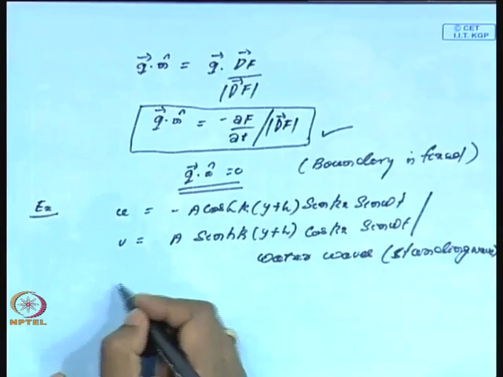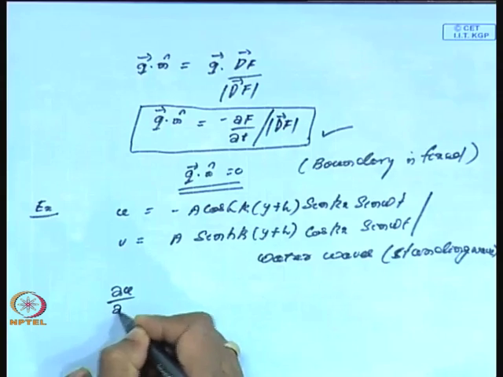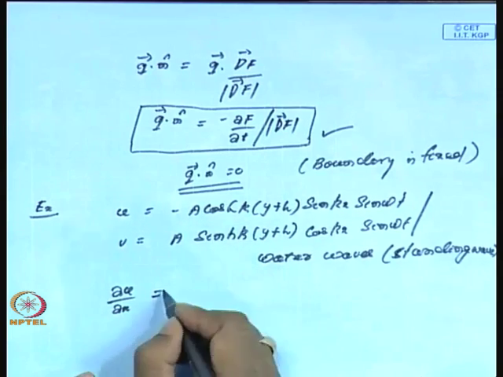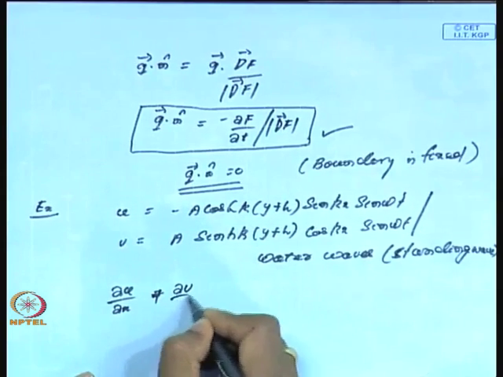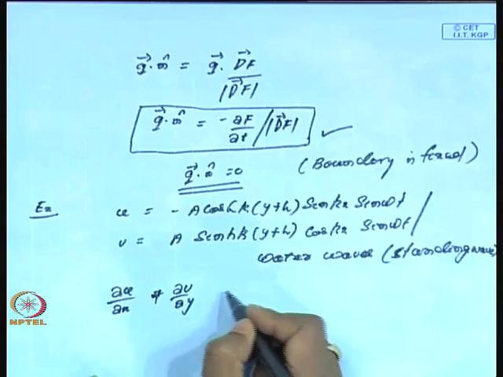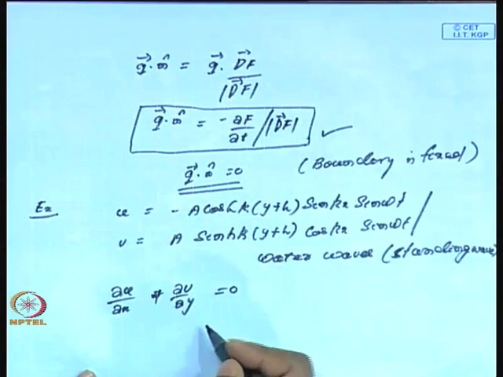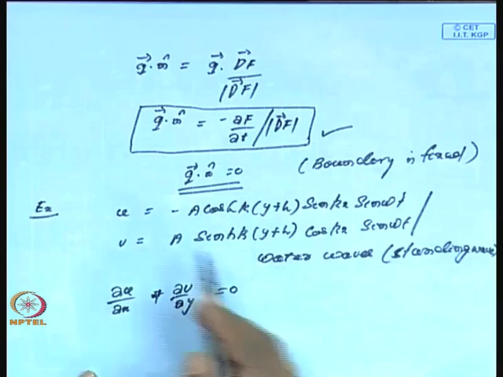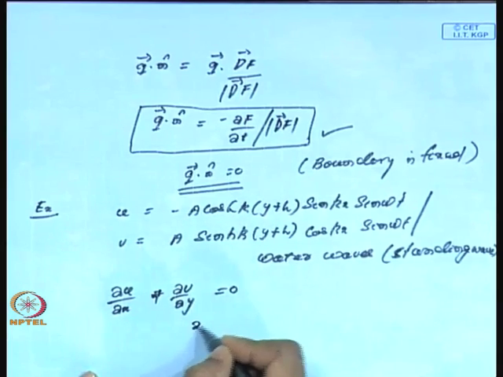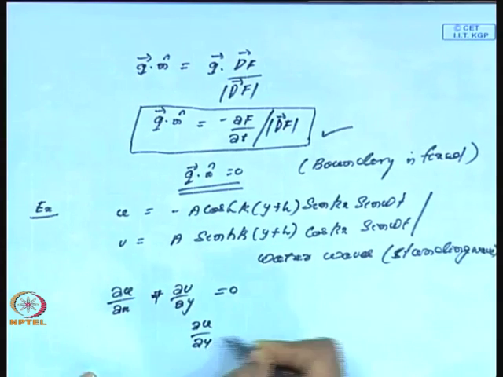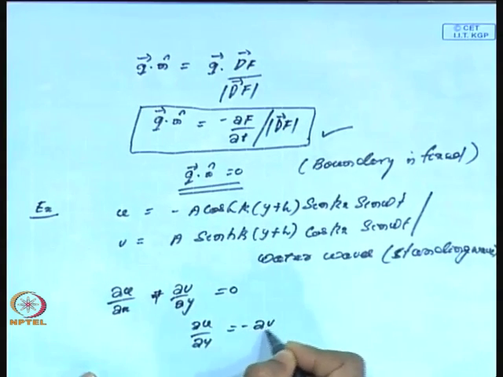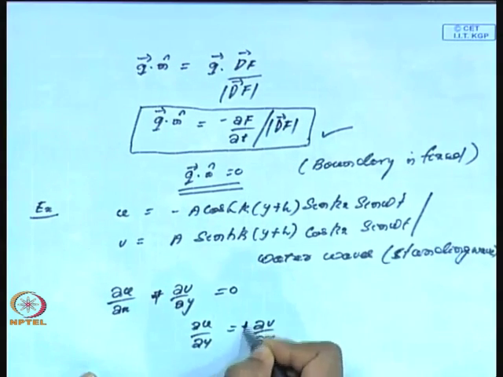It can be easily seen that here del u by del x plus del v by del y is equal to 0. It can be easily checked. Further, you can find easily that del u by del y is equal to plus del v by del x.